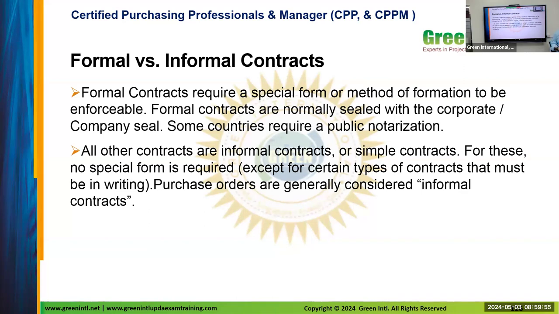For example, an advertisement is put in the newspaper that if you find this person, you will get a reward of $1,000. You find that person and bring them to that party. This is a general promise, so anyone can go and fulfill it, and whoever fulfills it, the person who made the promise is bound to pay.